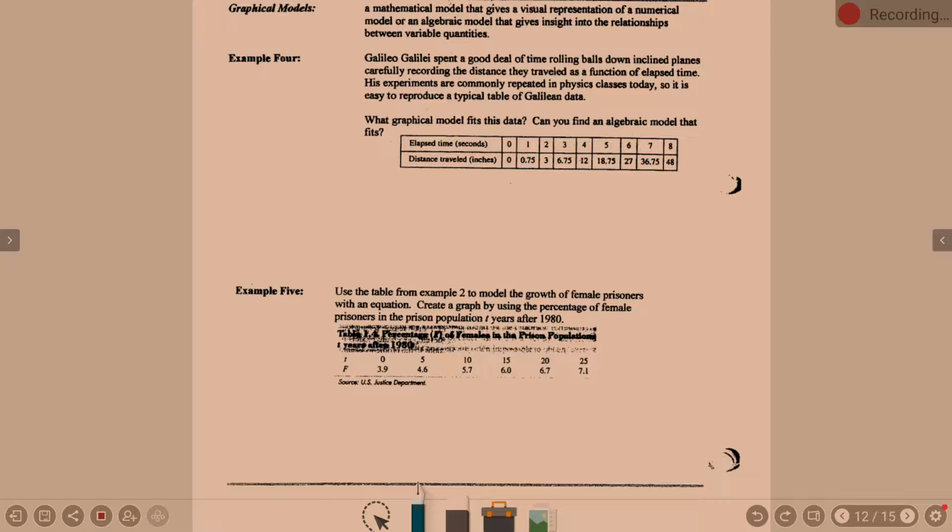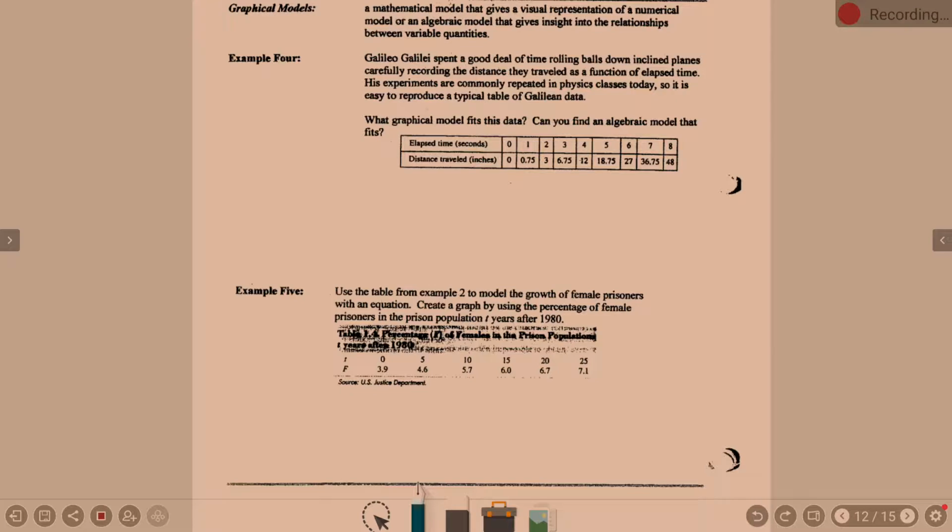So, we want to think graphically here. And we have an option. We could grab a piece of graph paper and graph these by hand, and look to see what kind of shape these points are making. Or we can graph these points on a calculator. Now, at this point in your life, what do you know how to graph on a calculator?